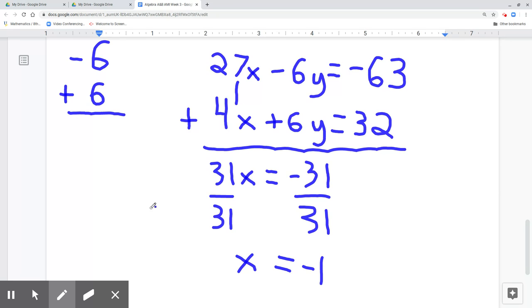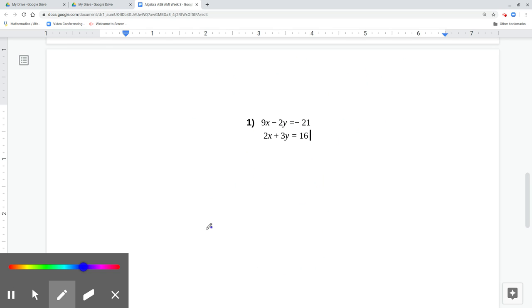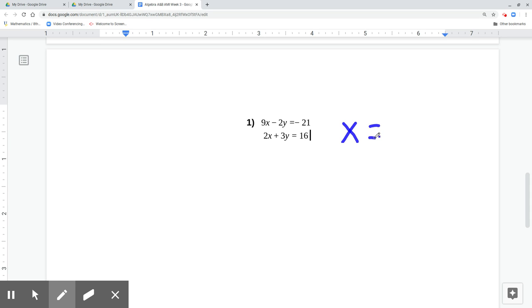So give me just a moment and I'll write up that equation for us. So as we were saying, we'll take our value for x, which is negative 1, and we'll substitute that back into one of our original equations, or one of the new equations you created by multiplying.